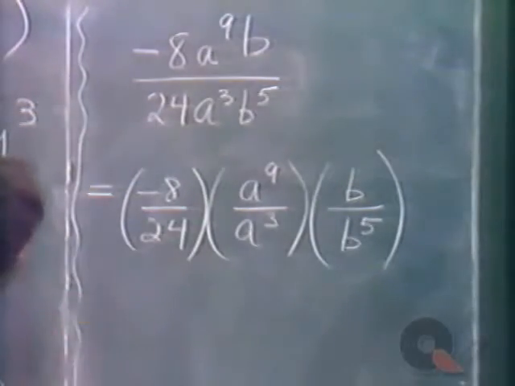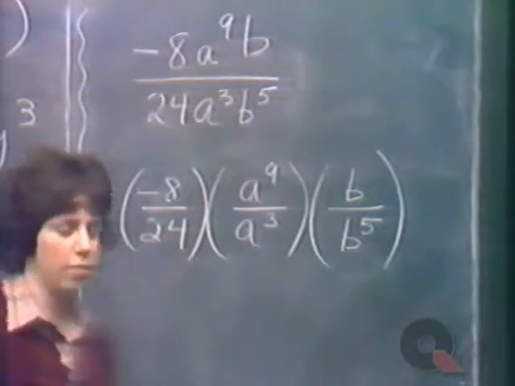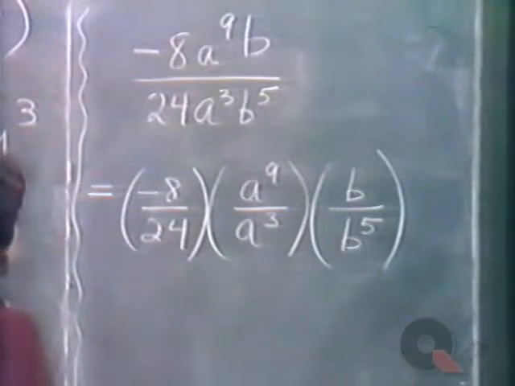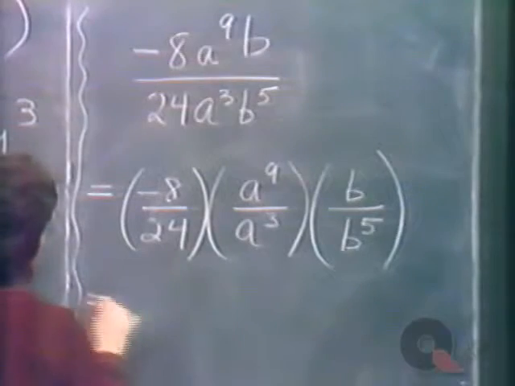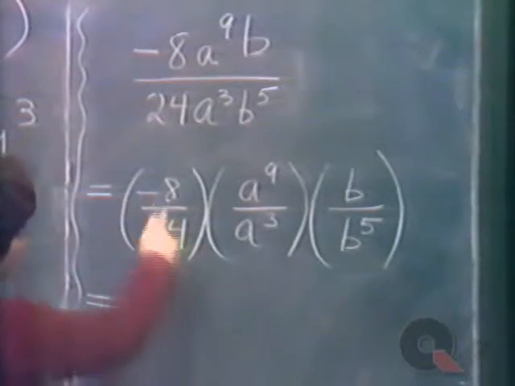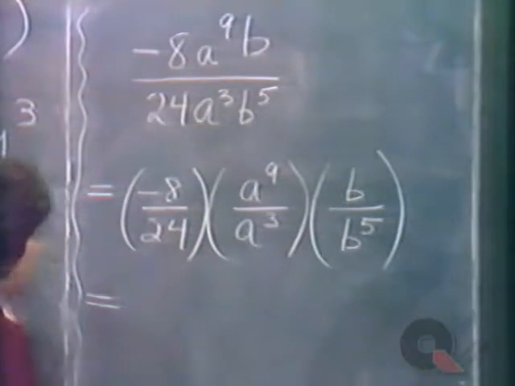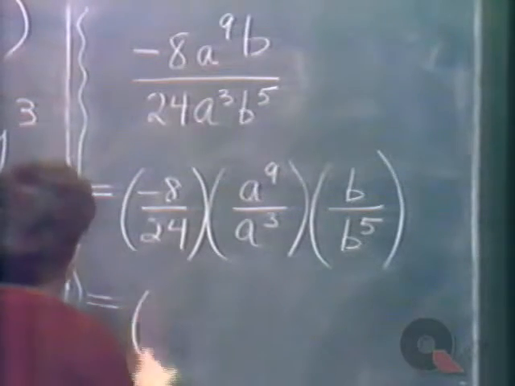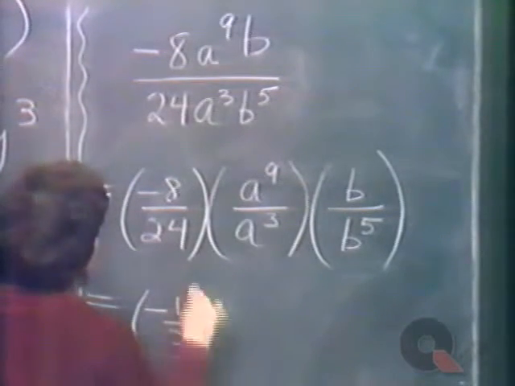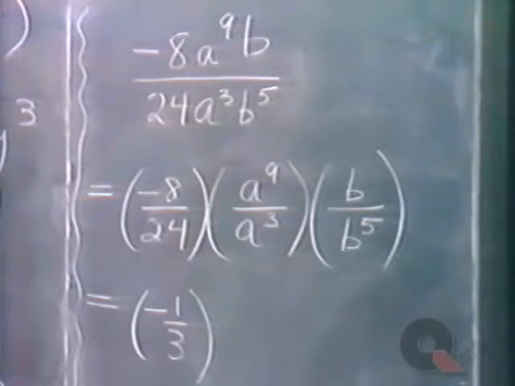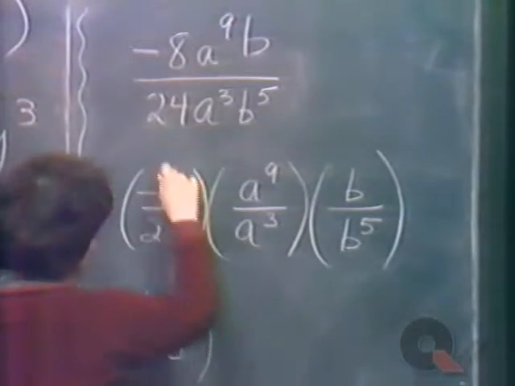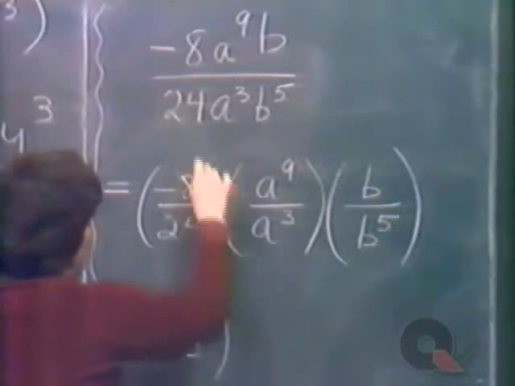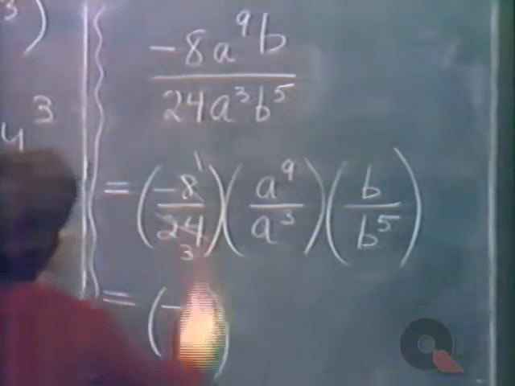What I'm doing basically is breaking it up into smaller problems that are easier to handle. Now, 8 goes into 24 3 times, and minus 8 over 24 can be rewritten as minus 1/3. Or you can cancel, 8 into 8 goes once, 8 into 24 3 times.